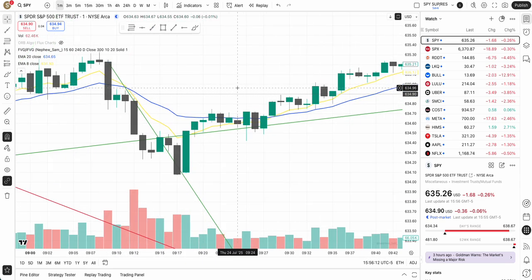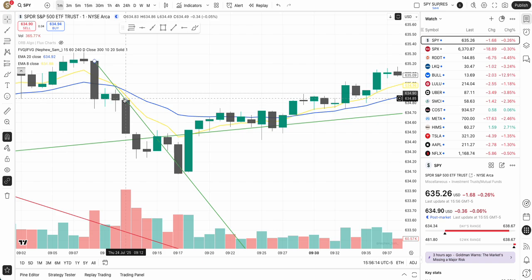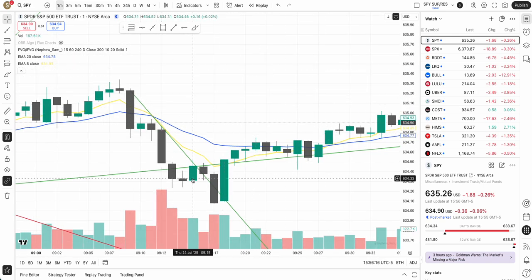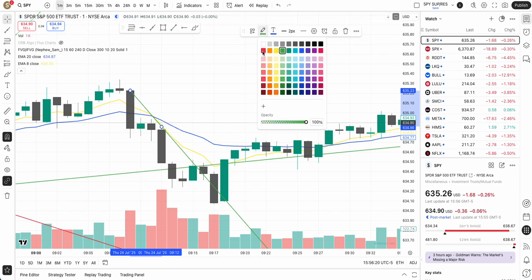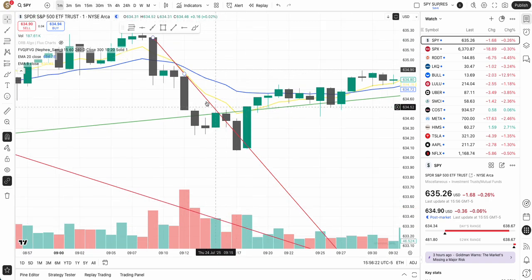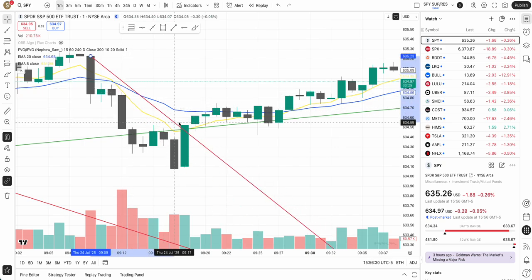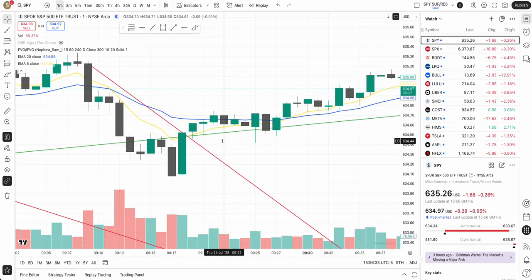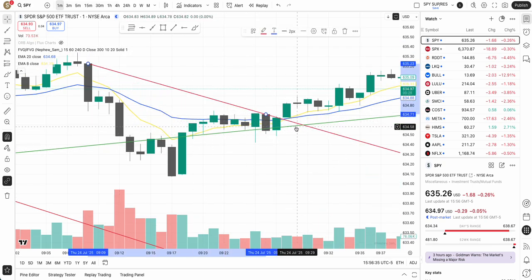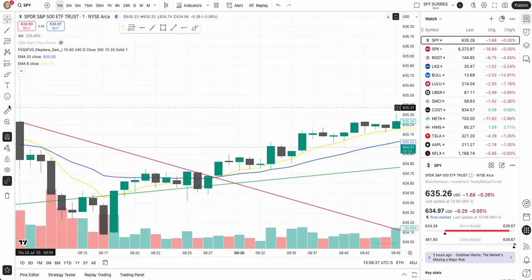Okay, here's another one, right? You're here, it's downtrending, you're waiting for a break of downtrend, and then we start getting some breaks here, but you see the yellow is below the blue, so we don't even bother with this. And then as the price crosses, we just keep moving our line over and just keep moving it over, and then it crosses here.